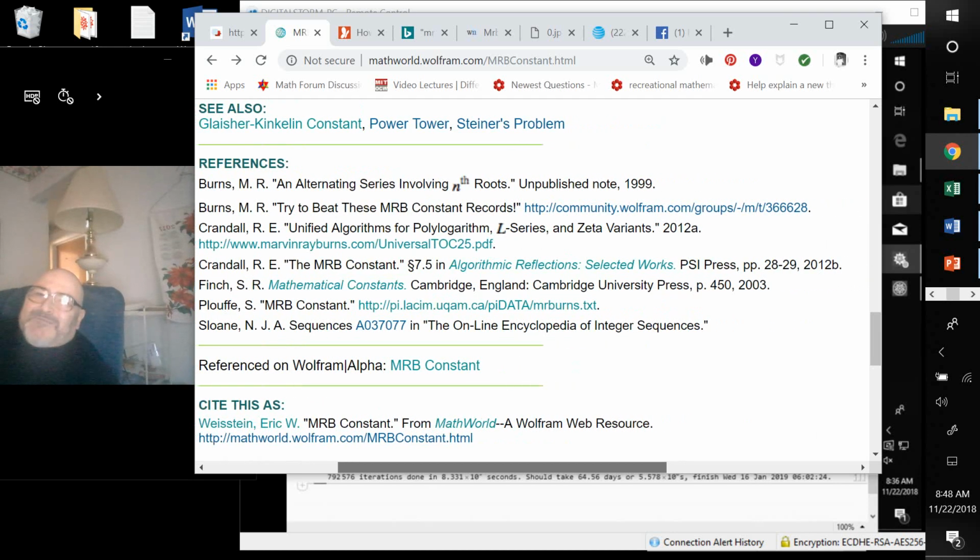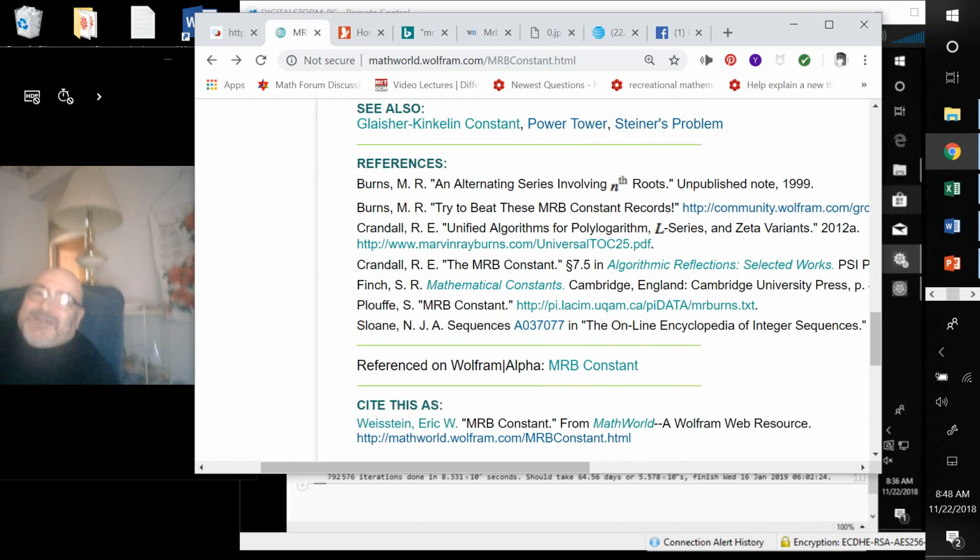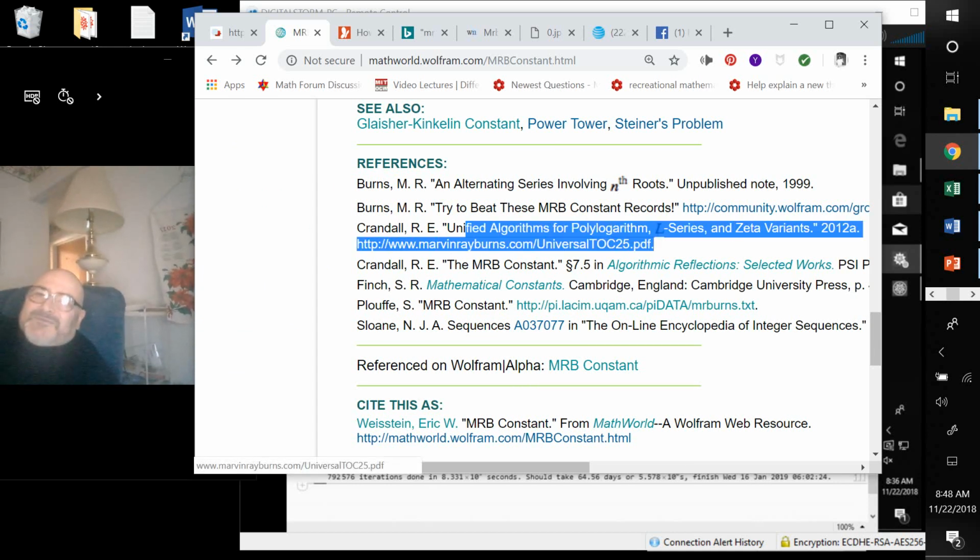It says 2012B. And here's the Crandall paper that he published, Unified Algorithms for Polylogarithms, Series and Zeta Variants, 2012A, the beginning of 2012, I believe that's what it means.